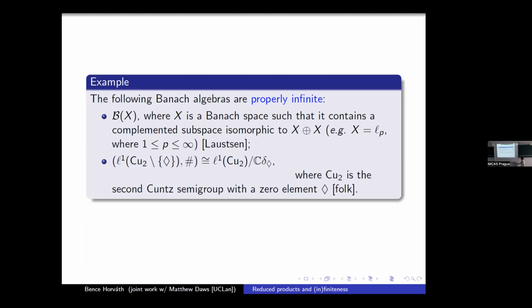So this is just L1 on the actual semigroup, and then you quotient with an ideal, namely you take the Dirac at the 0 element, and you take the one-dimensional ideal that it generates. And as Banach spaces, these are isomorphic, so you just pull back the product.